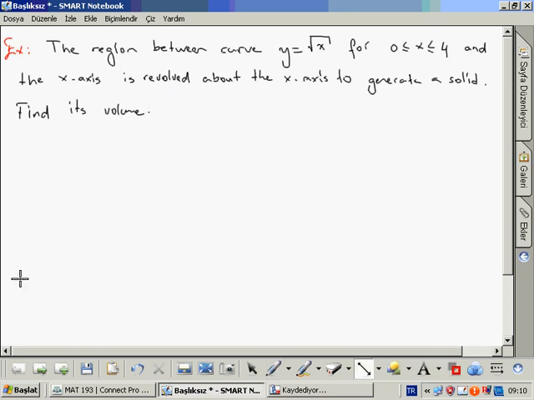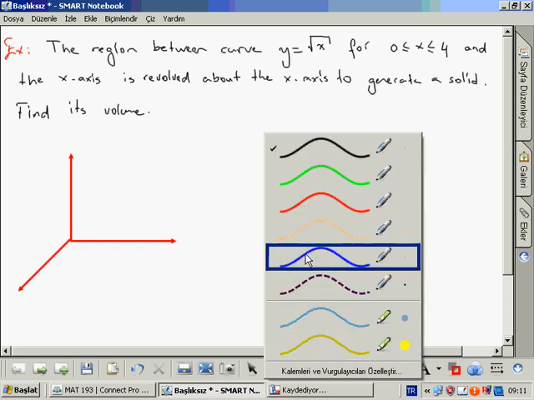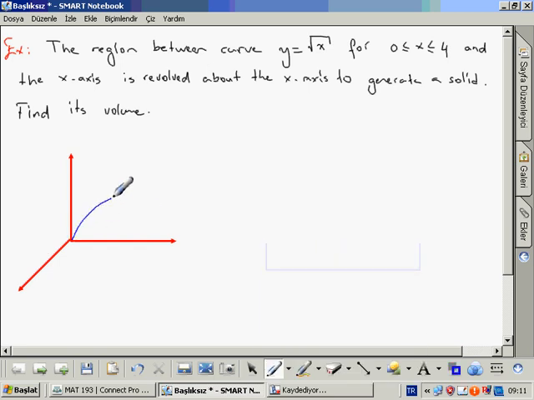First, sketching this solid on the three-dimensional coordinate system, and y equals square root of x is this function, this graph, and when you revolve about the x-axis, okay, oops, it's not clear.